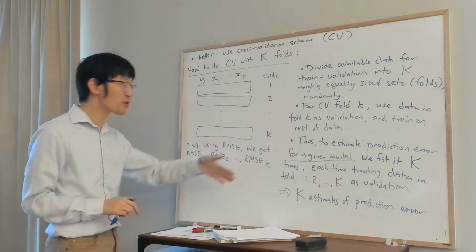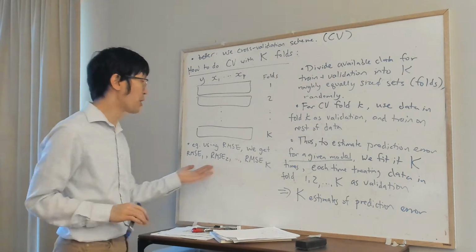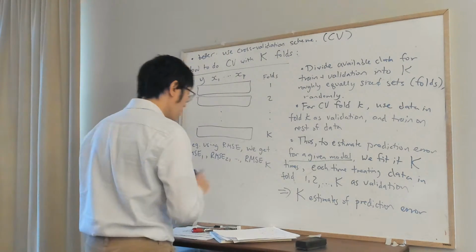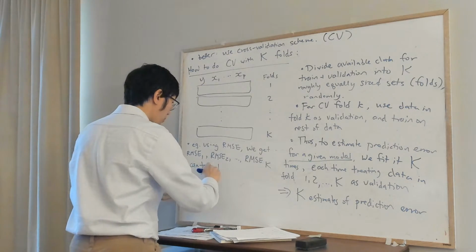Now we don't have just a single estimate. We can give ourselves perhaps a more stable estimate by averaging these. Okay, and so we can take the average.